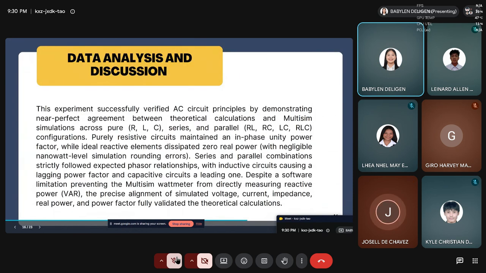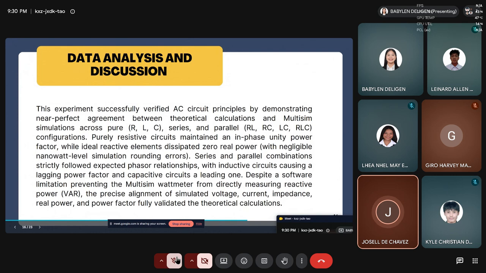For our data analysis and discussion, this experiment successfully verified AC circuit principles by demonstrating near-perfect agreement between theoretical calculation and Multisim simulation across pure R, L, C, series and parallel RL, RC, LC, and RLC configurations. Purely resistive circuits maintained an in-phase unity power factor, while ideal reactive elements dissipated zero real power with negligible nanowatt-level simulation rounding errors.